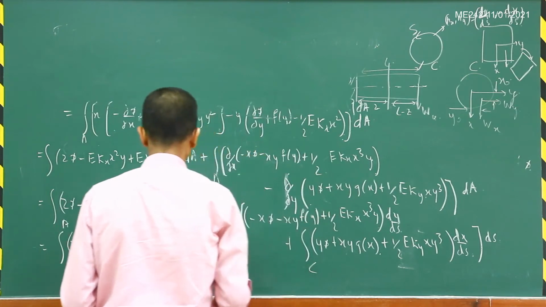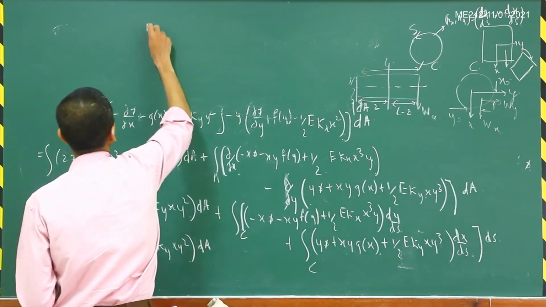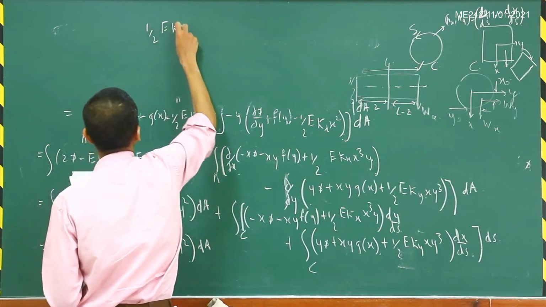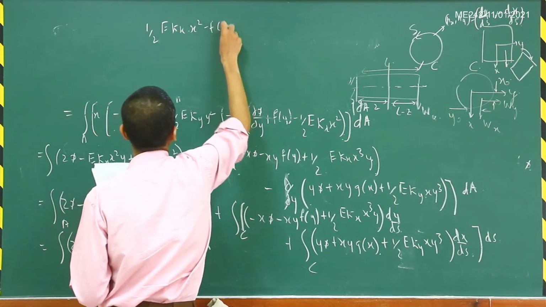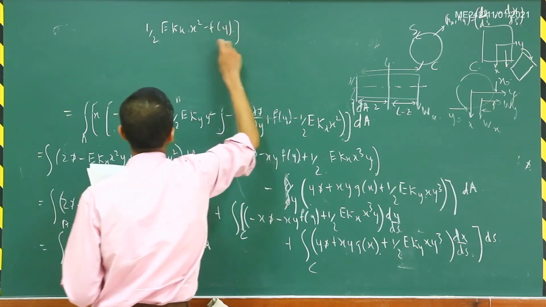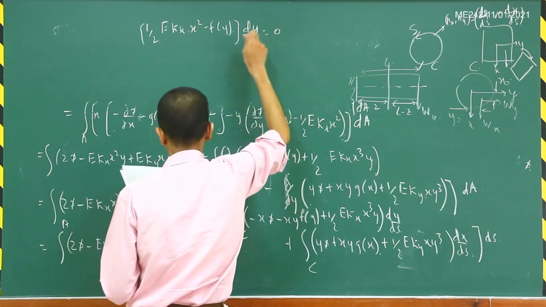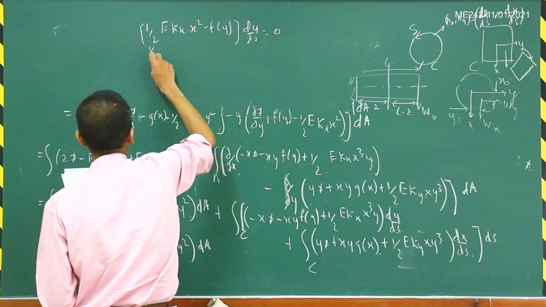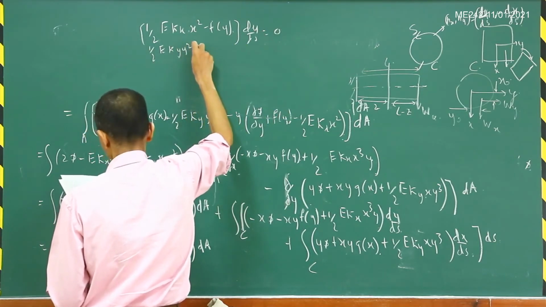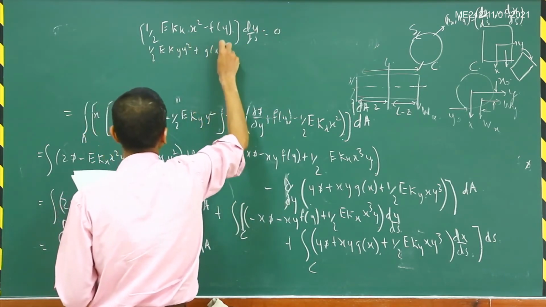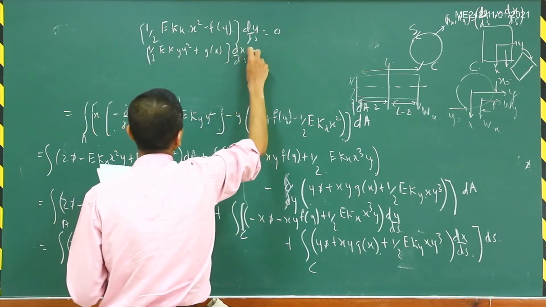If you recall, we had said that half of e kappa x times x square minus f of y times dy by ds is equal to 0, and also half of e kappa y times y square plus g of x times dx by ds is equal to 0.